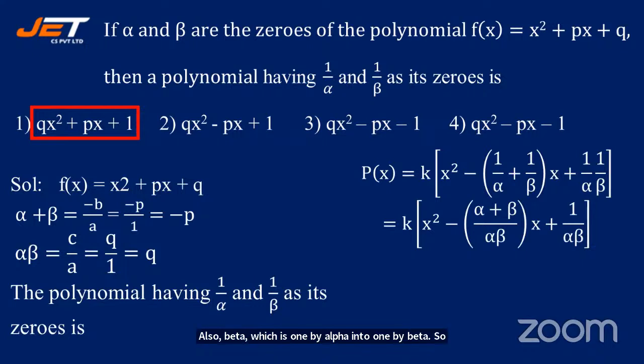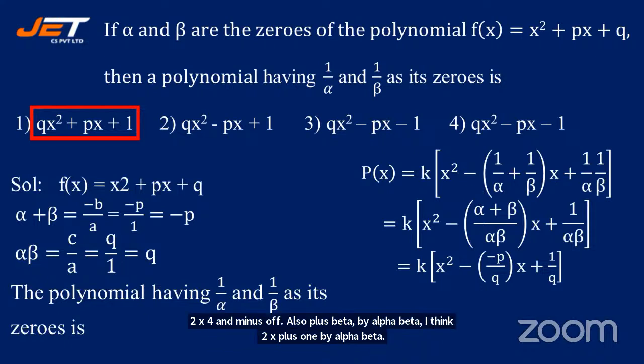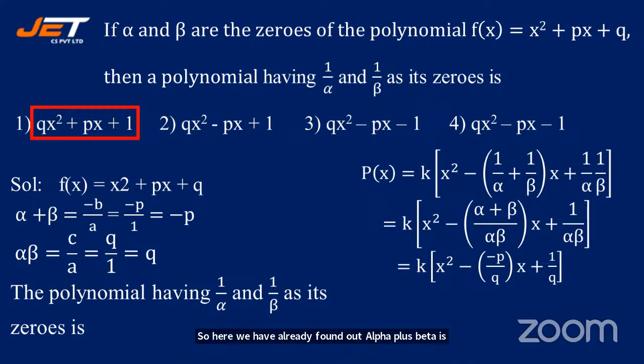Just take LCM for this. You get alpha plus beta by alpha beta, that is k into x square minus of alpha plus beta by alpha beta into x plus 1 by alpha beta. Here we have already found alpha plus beta is minus p, and alpha beta is q. So x square minus p by q into x plus what is 1 by alpha beta? 1 by q.